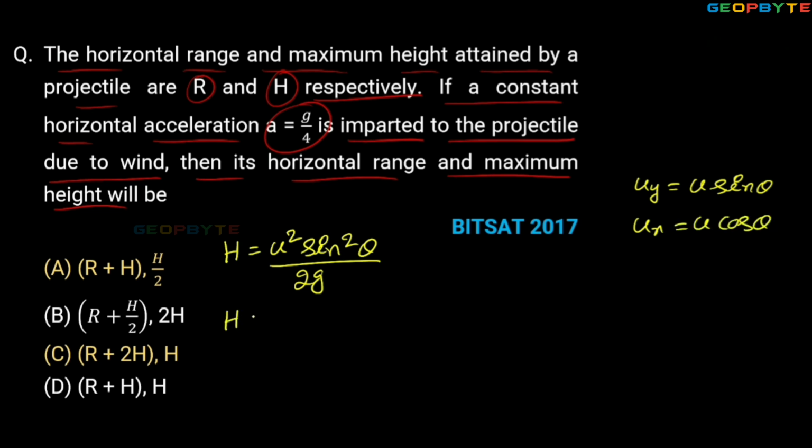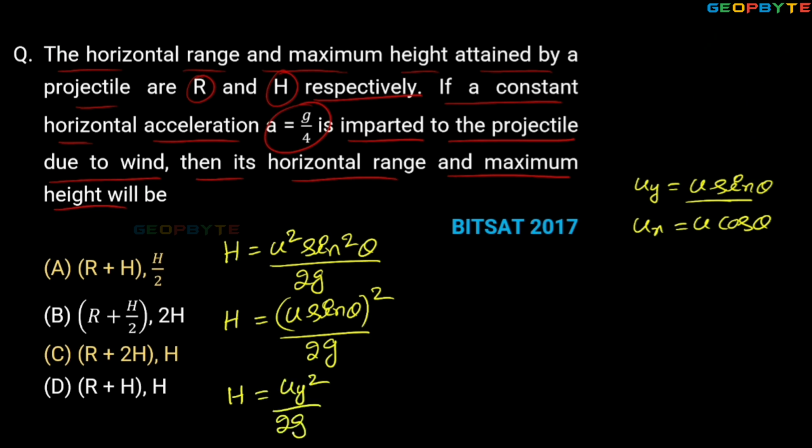Then maximum height equal to u sine theta whole square by 2g. But u sine theta equal to uy, so it is uy square by 2g. That is the maximum vertical height traveled by the particle. It cannot be changed. That remains the same, right?